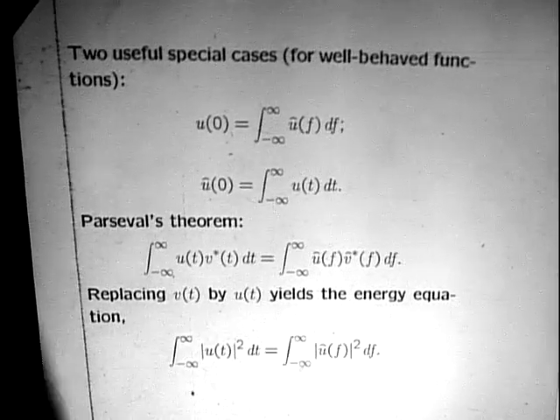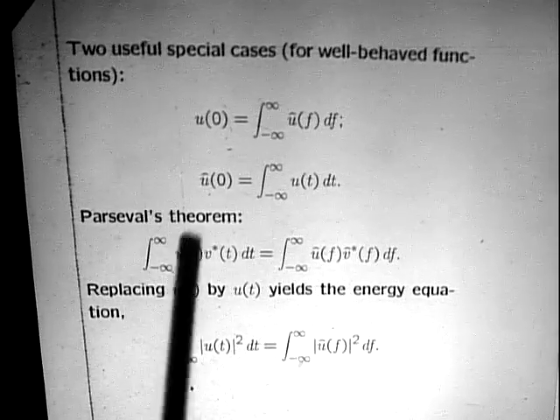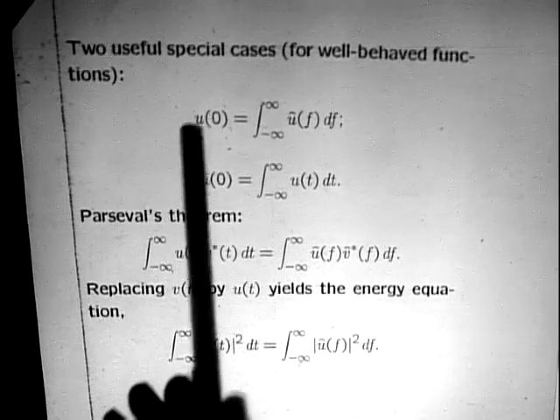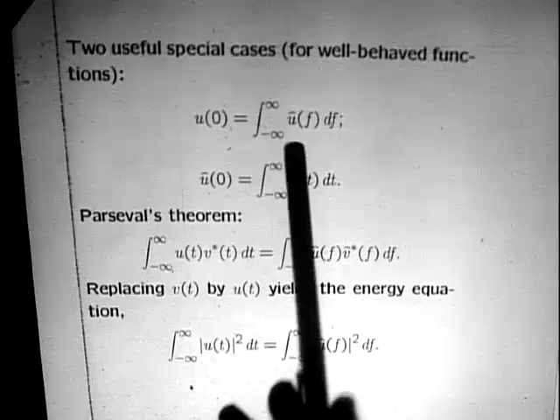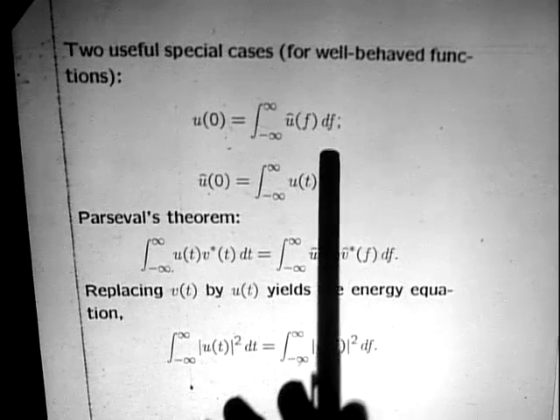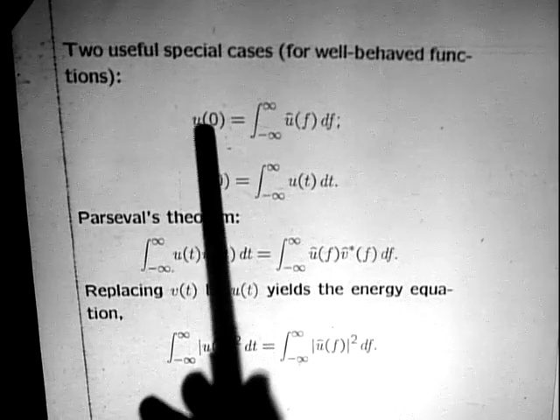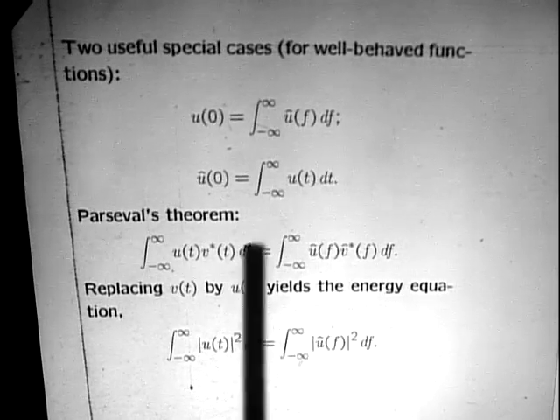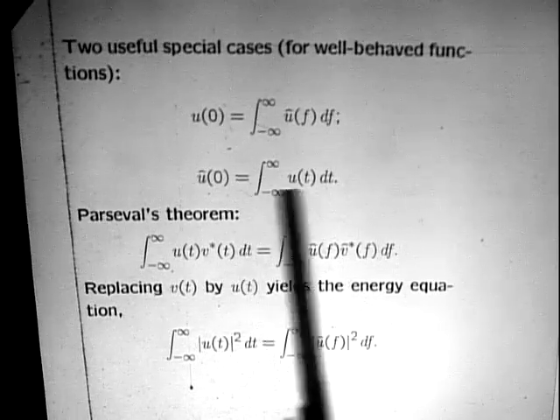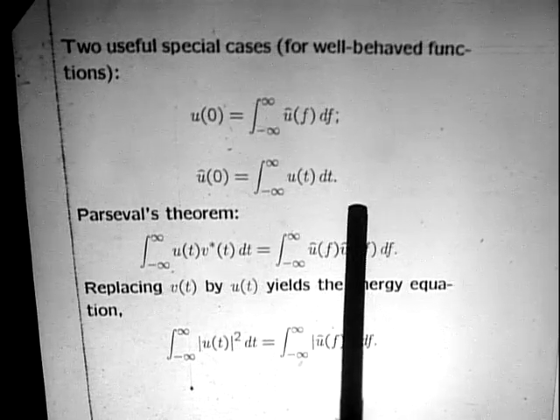Two special cases of the Fourier transform: u(0) is what you get when you take the inverse Fourier transform and evaluate it at t equals 0. You get u(0) is just the integral of u hat(f), and u hat(0) is just the integral of u(t).